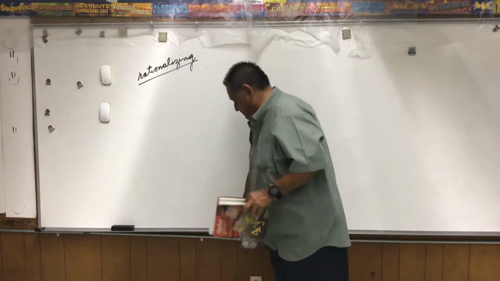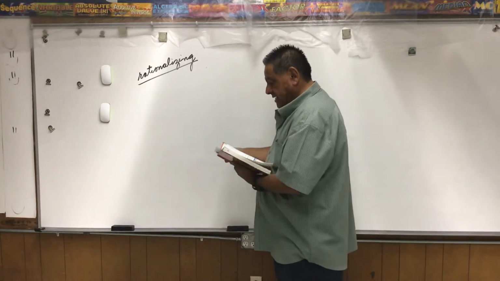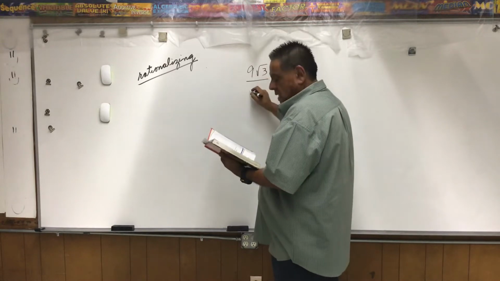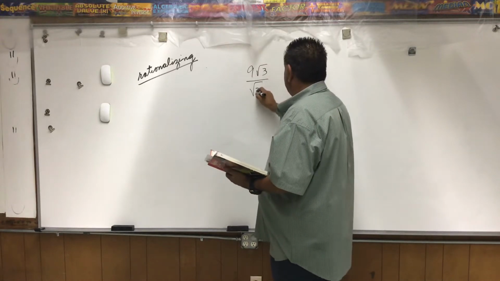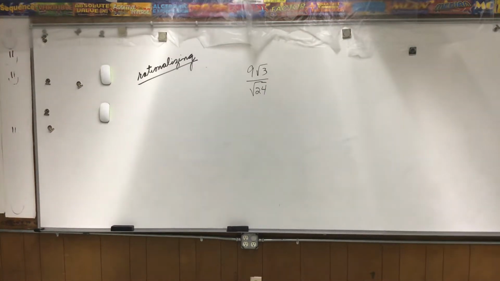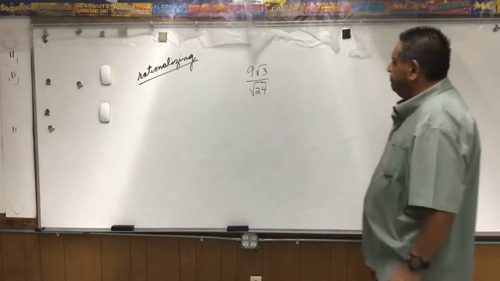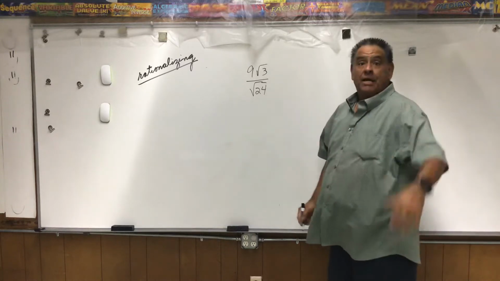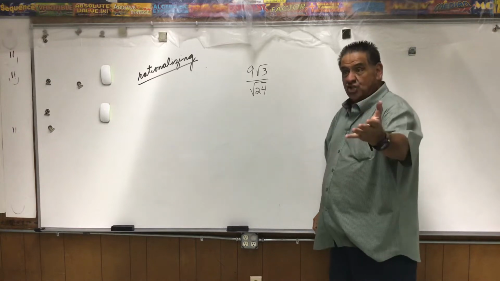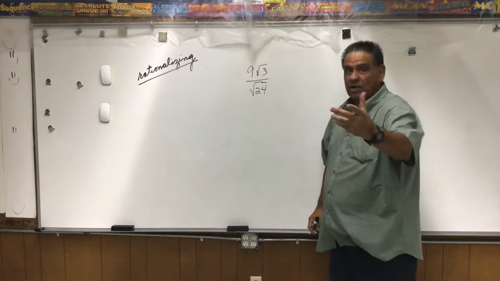How about this problem? If we had something like this. Nine radical 3 over 24. Okay, well, we can't leave this. You can multiply numerator and denominator by rationalizing by radical 24, but we just talked about that and we said, don't want to do that.